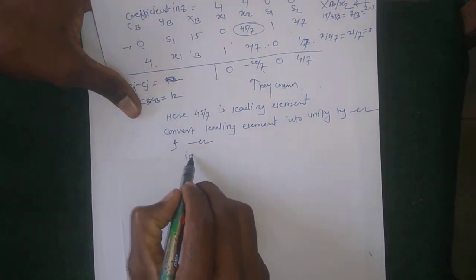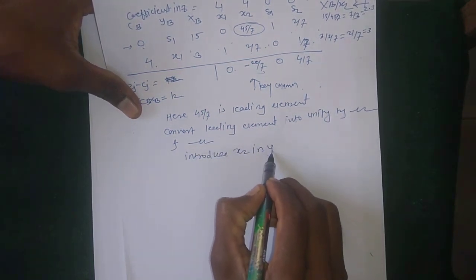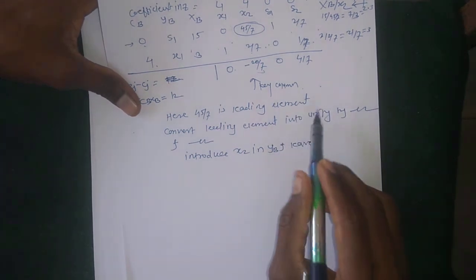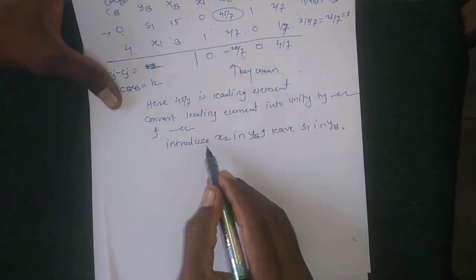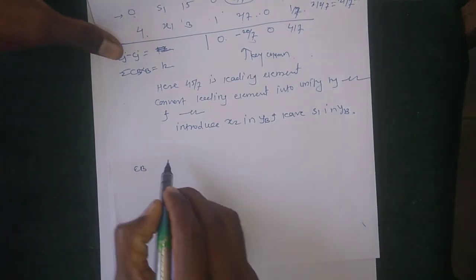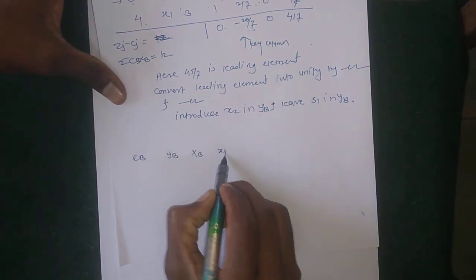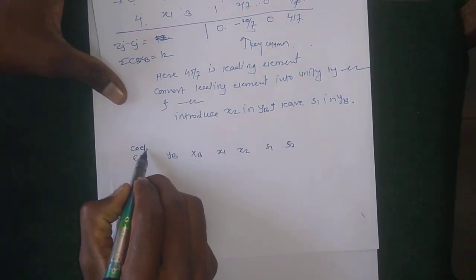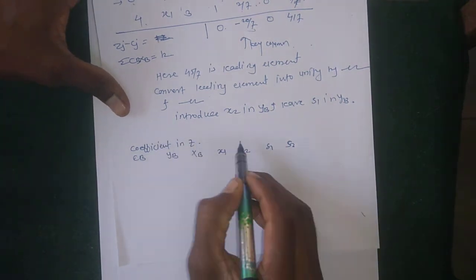And lastly introduce x2 in YB and leave S1 in YB. Okay, replace S1 by x2. We get directly, write this CB, next simplex column YB, XB, then x1, x2, S1, S2, coefficient in Z, that is objective function.